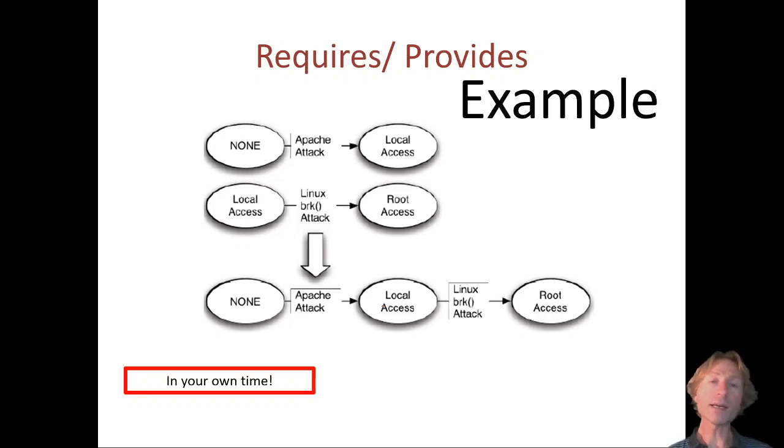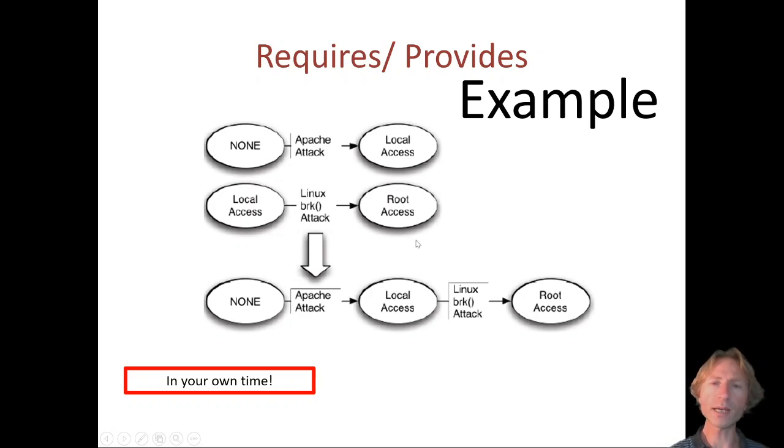Okay, so the next step is to take that local access and obtain root access. So to gain root access, maybe you can make use of the Linux BRK attack. Okay, so the Linux BRK attack goes from local access to root access. So the requirement is that you have to have local access first. Now you have root access.